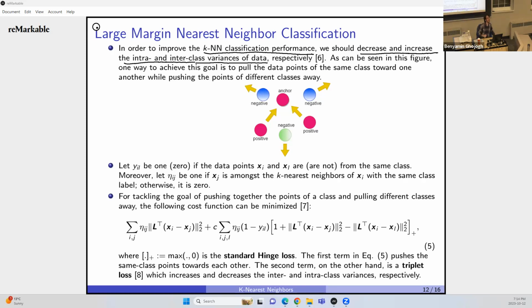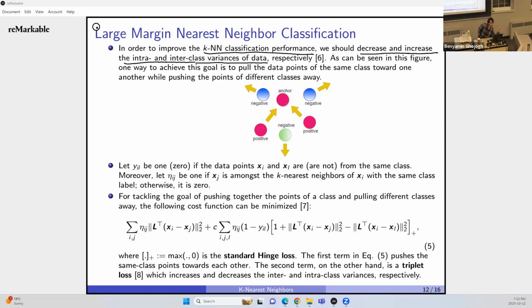They should be pushed toward each other, right? Anchor and negative are from different classes. They should be pushed away from each other. So basically, if I have an anchor and positives, I push the positives toward the anchor. And if I have negatives, I pull the negatives away from the anchor. So this is the idea of triplets.